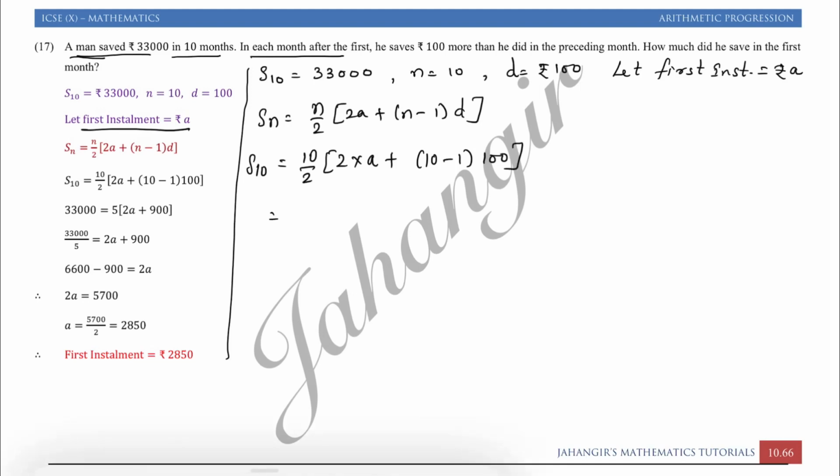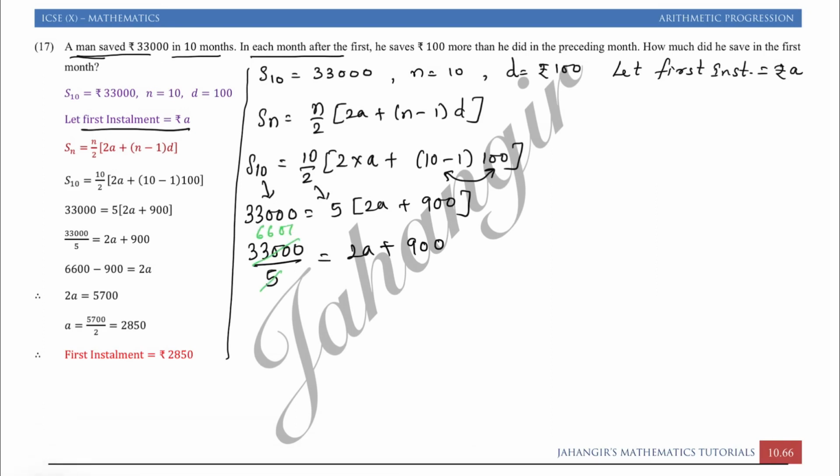S10 is given as 33,000, so just put 33,000 in place of S10. 10 by 2 is 5. 2a plus 9 into 100 is 900. Multiply these two. So 33,000. If you want, you can divide it by 5, so the equation becomes simpler. 2a plus 900. 5 ones are 5, 6, 6, 0, 0.